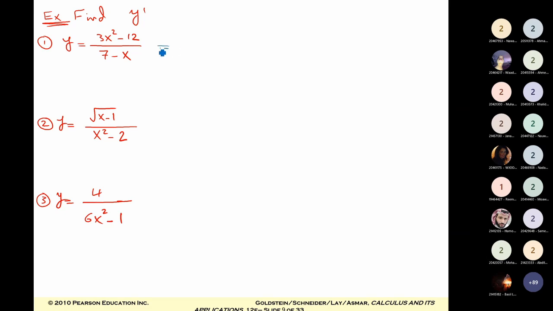Now, y prime equals the derivative of the numerator. What is the derivative of the numerator? Equal to 6x, multiplied by the denominator as it is, minus. Now the opposite: the numerator as it is, multiplied by the derivative of the denominator. What will the derivative of the denominator be?